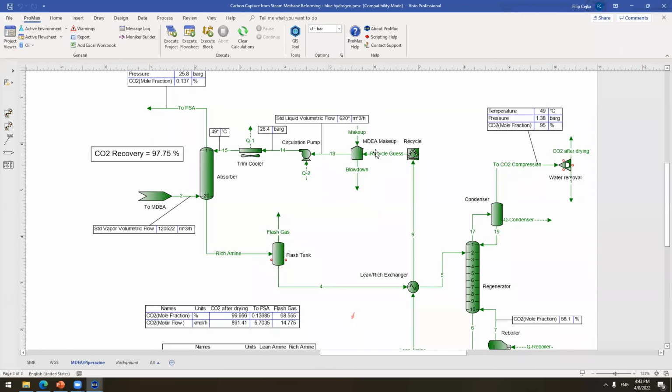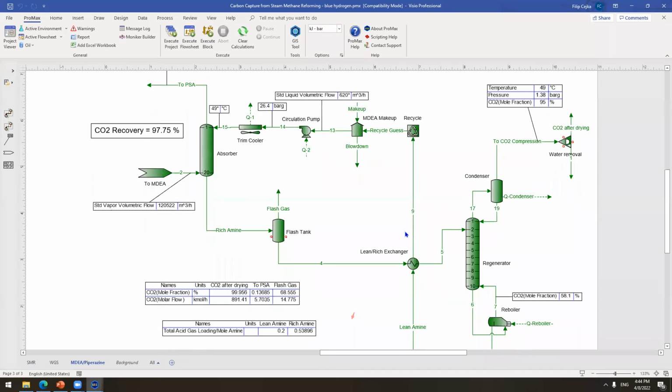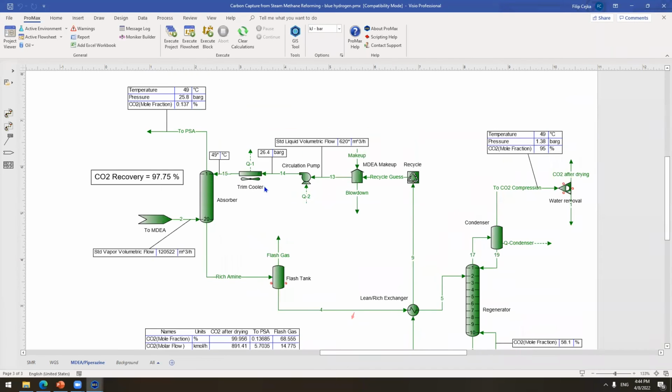Once you make it up, you have to pressurize it back to a pressure similar to that at which your stream is coming in. So you need to pressurize it again and then cool it, because you will not be able to cool it enough with your lean and rich heat exchanger. So there will probably be some trim cooler, it could be some air cooler, that is cooling it to a temperature usually about 5 degrees above, or around, the temperature of the inlet stream.